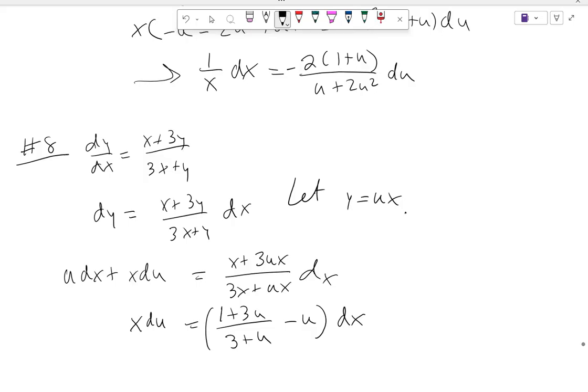I get x du equals that thing dx, right? Is this now separable? Yeah, it is. I got to flip-flop my u's to the other side and my x's to the other side, but it is separable, right? Okay. So again, at this point, you would separate, integrate, and then substitute back when you're done.